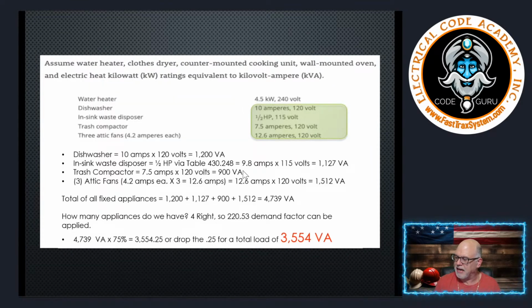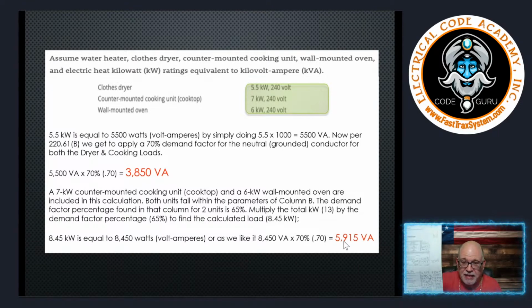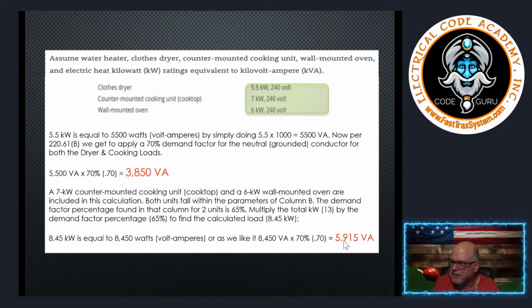There's that 3,554 that we got, check. See how we did the math? There's the clothes dryer and the cooking. All of those were done at the 70% of their 5,500 and 8,450. That's how we got the 3,850 and the 5,915. That's what we got written down here. There you go. I can show you. That's what we have right there. Check.